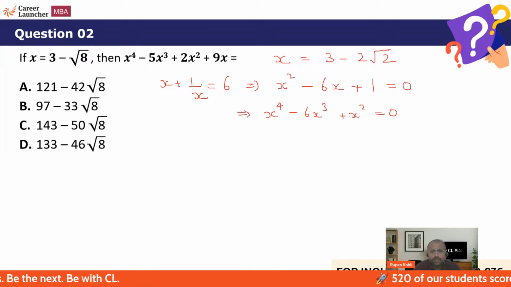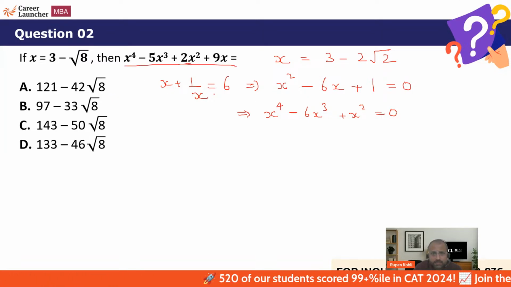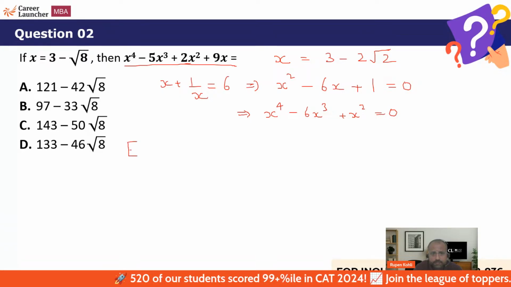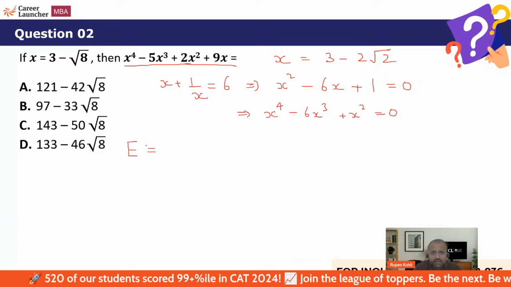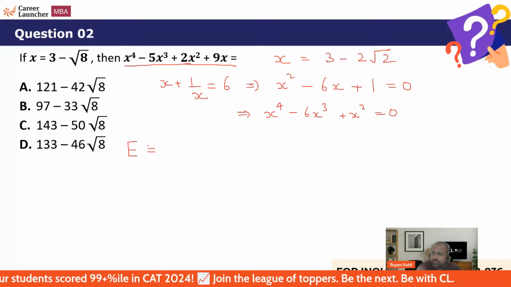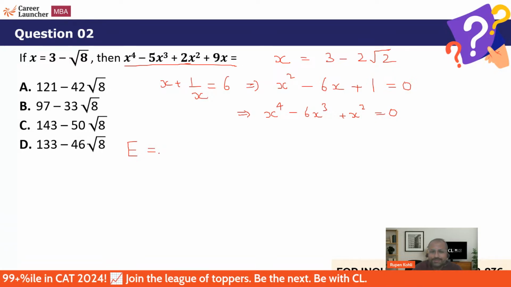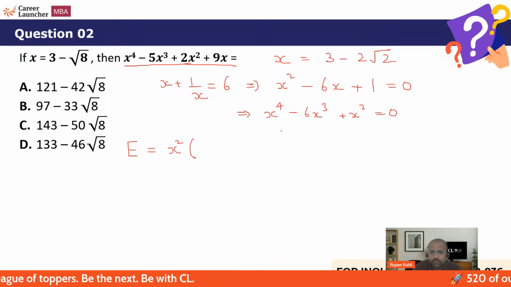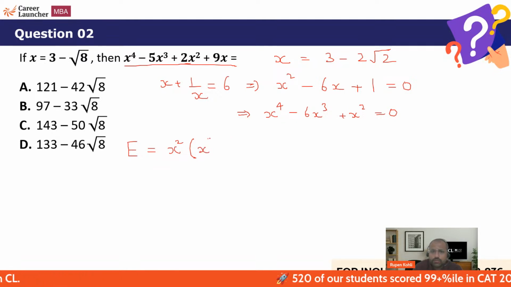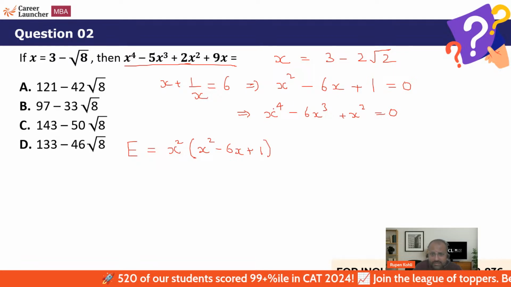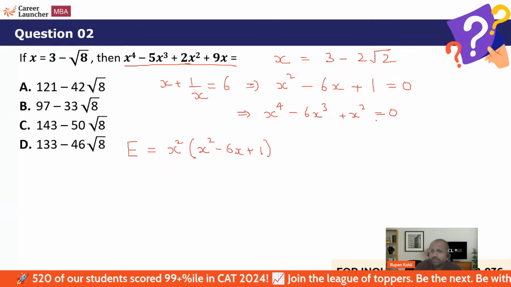So with this thought, let me start with this expression. Let me call this e, and in this expression I'm going to separate out terms which equal 0, one at a time. So first I'll separate out this exact expression. I'm writing it like this: x square into x square minus 6x plus 1. So this would be exactly x4 minus 6x cube plus x square.